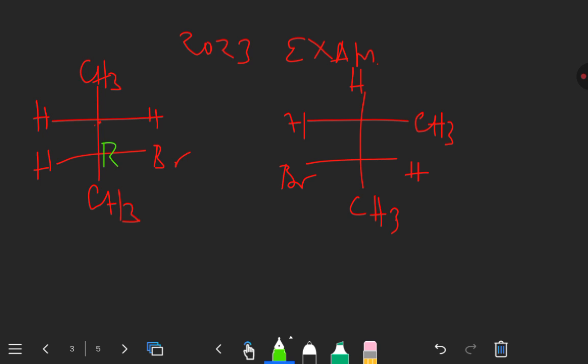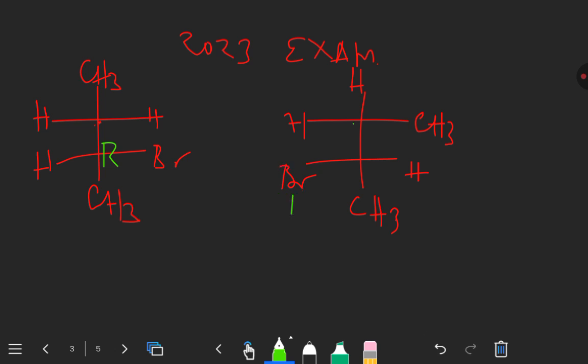Then let's look at this one also. This carbon has no chirality because it has two hydrogens attached. Let's look at the bottom carbon. This one has chirality because we have bromine, hydrogen, methyl, and this group, which is different, an ethyl group. So let's now determine the configuration here.